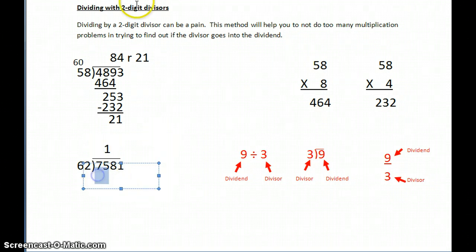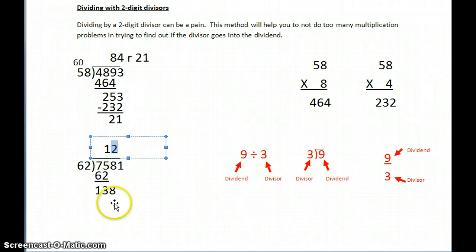So I'll do 75 minus 62, and that gives me 13. I have to drop the 8 down, and now I'll say 62 into 138. Now, that's kind of close, so I'm going to estimate, well, 60 times 2 is 120, so it's going to have to be 2, because 3 is going to send me over too much.